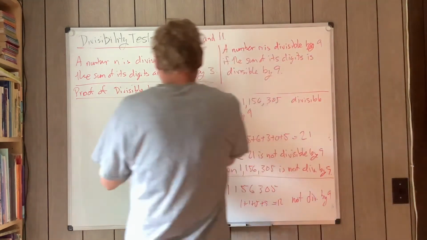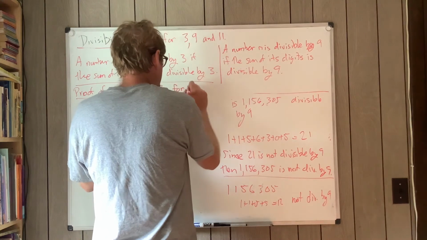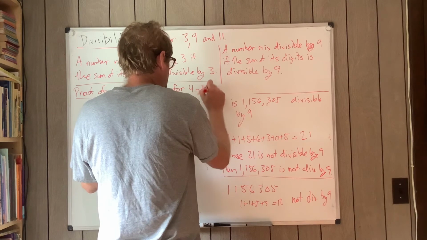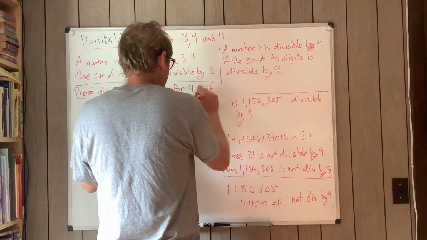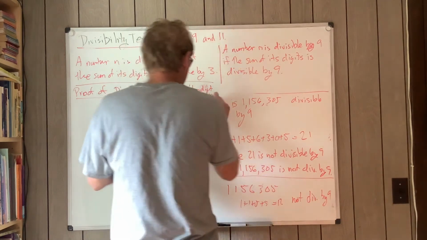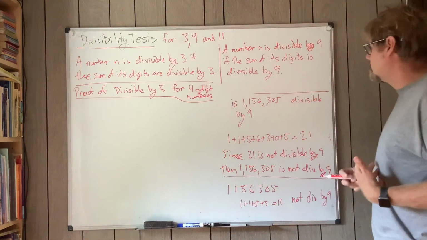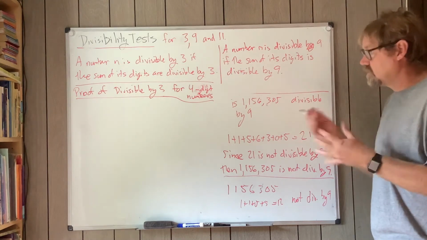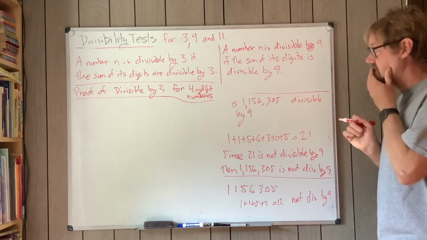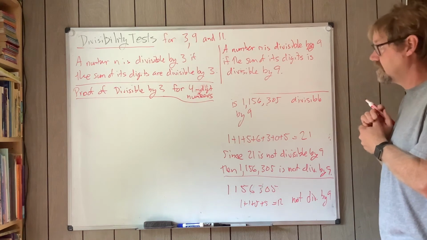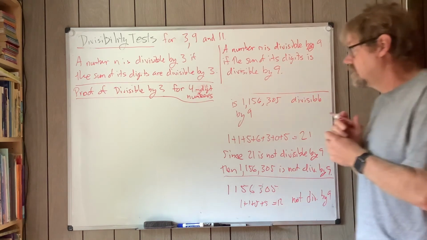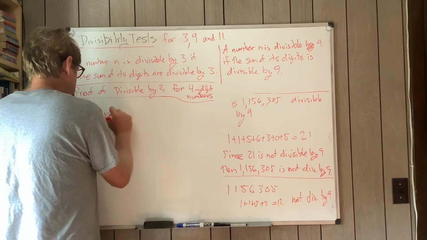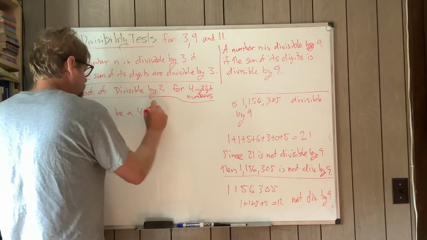Let's see, and I'm going to prove it for 4-digit numbers. So neither one of these that I did as an example works, but once you do this, you can kind of see how this works. I think it's fairly straightforward. So let n be a 4-digit number.